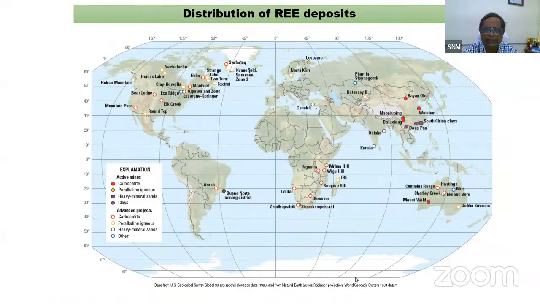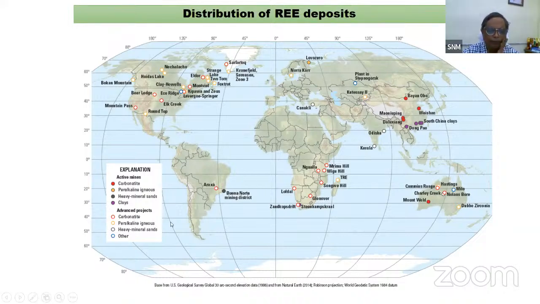This is the distribution of RE deposits in the world. As you can see here, the filled ones are active mines, whereas the unfilled are advanced projects that will be coming up very recently.